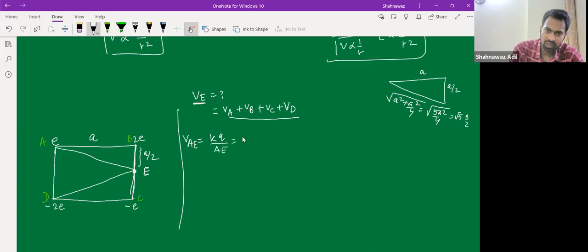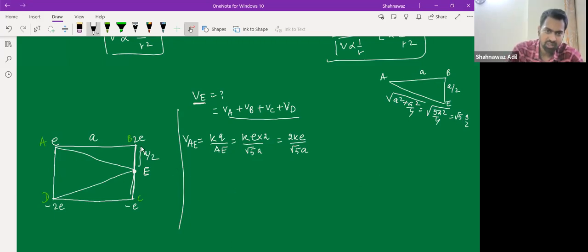So K is K, Q is E, and AE is root 5 A by 2, and the 2 goes up. So this is 2KE by root 5. Yes, Mariam. To calculate AE, we just use the Pythagoras theorem, right? So this comes out to be root 5 A by 2.